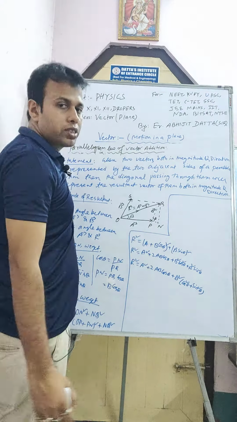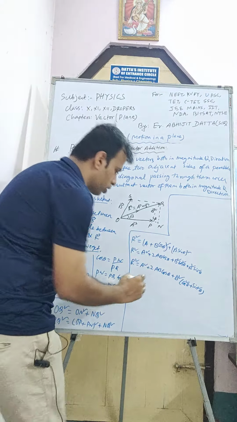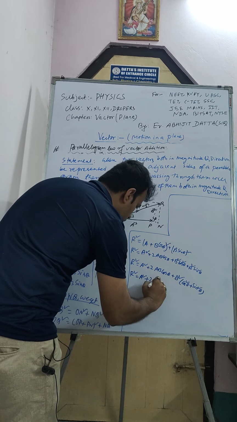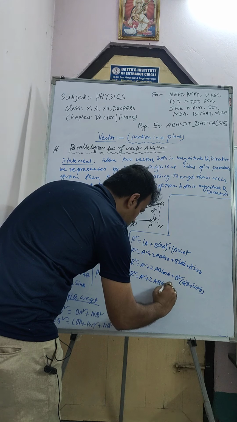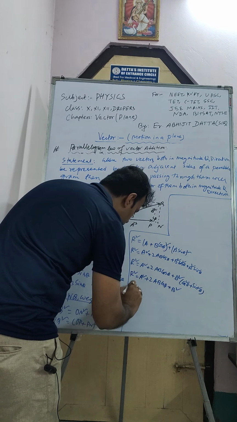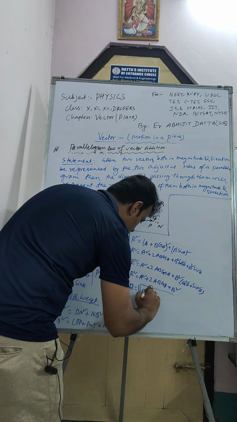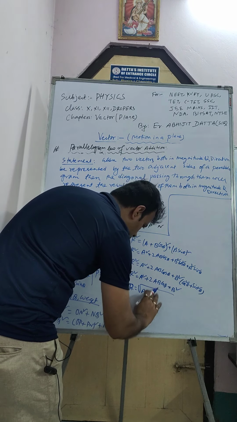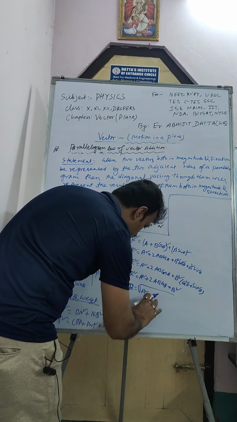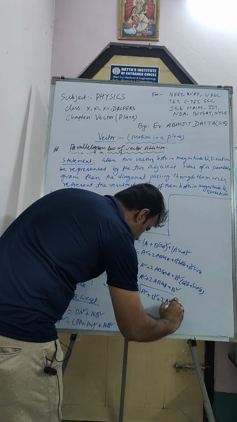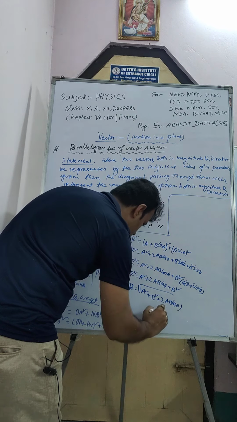And cos square theta plus sin square theta is what, sir? It is 1. That is A square plus 2AB cos theta plus B square. So R is what? R is the square root of A square plus B square plus 2AB cos theta.